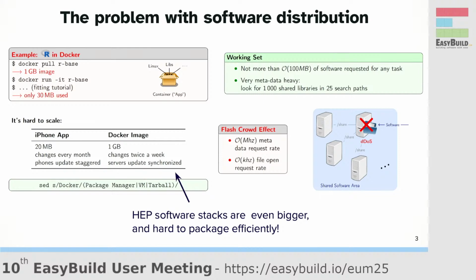It didn't work too well if you put your software there and then have hundreds of compute nodes try to read the software at the same time. What you effectively do is a distributed denial of service attack on this particular server. And in particular, this is also very heavy on the metadata, as you try to list all the libraries in these paths and evaluate all of this.